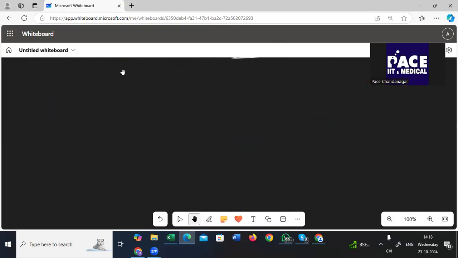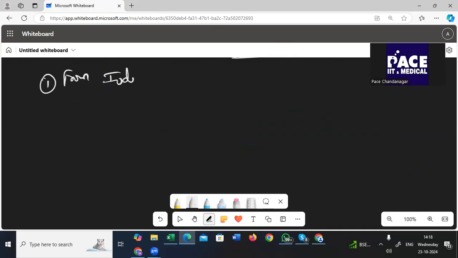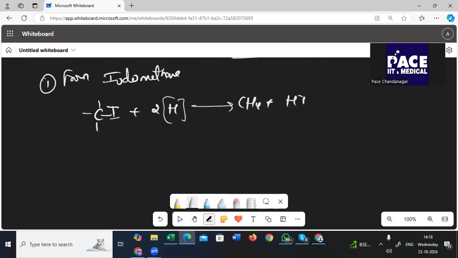Methods of preparation of methane and ethane from iodomethane and iodoethane. So what is iodomethane? Iodomethane is CH3I. Plus nascent hydrogen gives us CH4 plus HI.